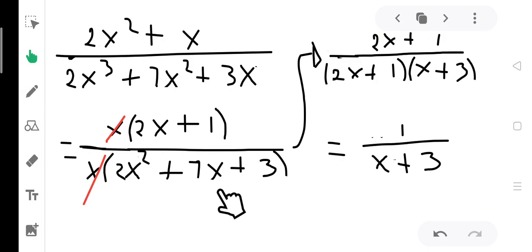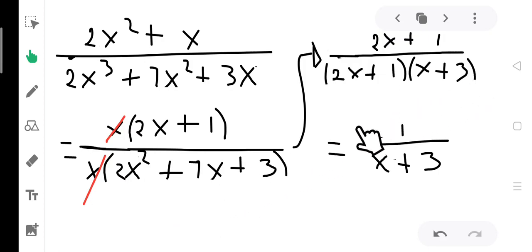But this trinomial can still be factored. And the factors are 2x plus 1 and x plus 3. So 2x times x, we have 2x squared. And then 1 times 3, that is 3.